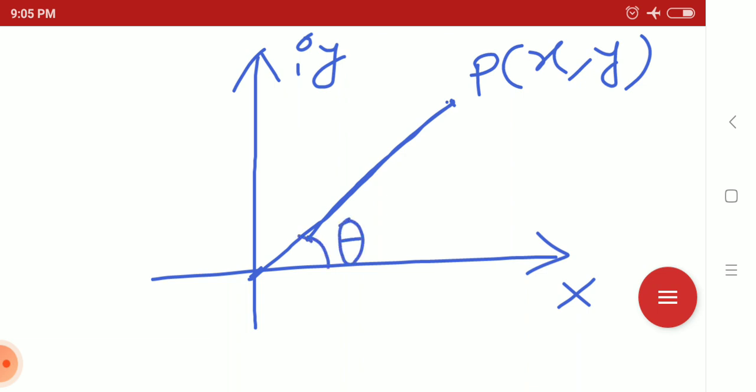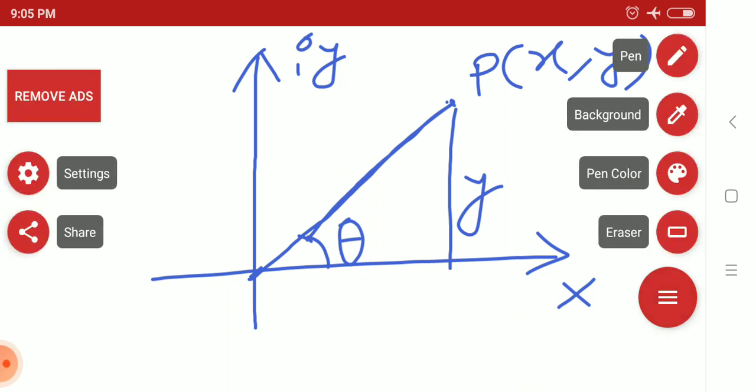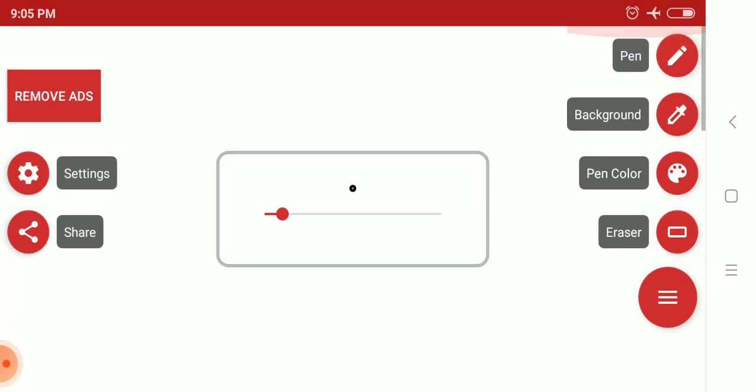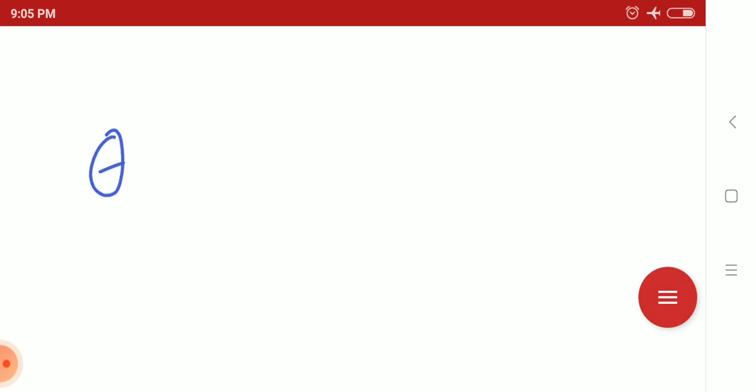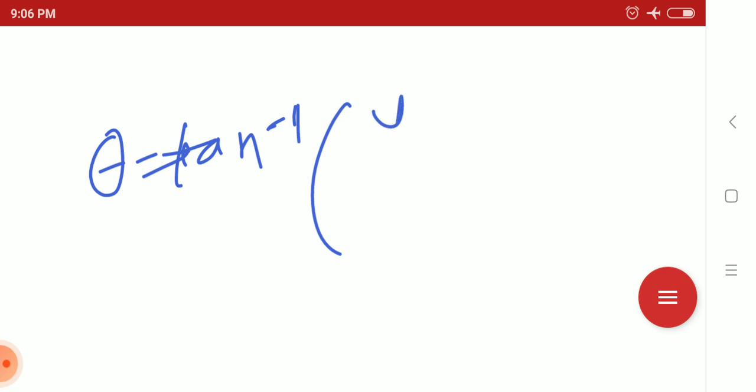Theta is the angle this line makes with the real axis x. Here it is y. So what will be the argument? Argument will be defined such that argument equals theta equals tan inverse y by x.